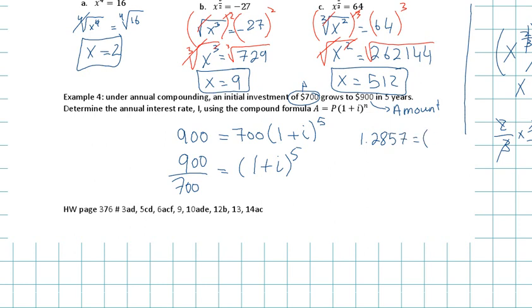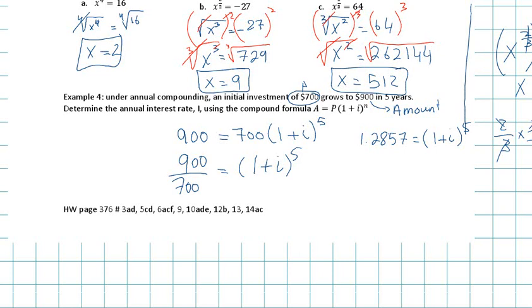What's the next thing that I want to get rid of? The exponent. How can I get rid of that power of 5? The fifth root, on both sides.